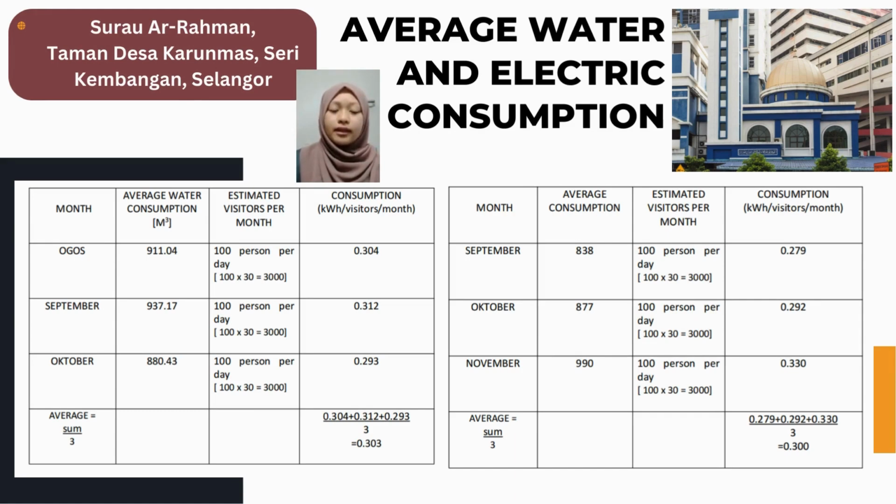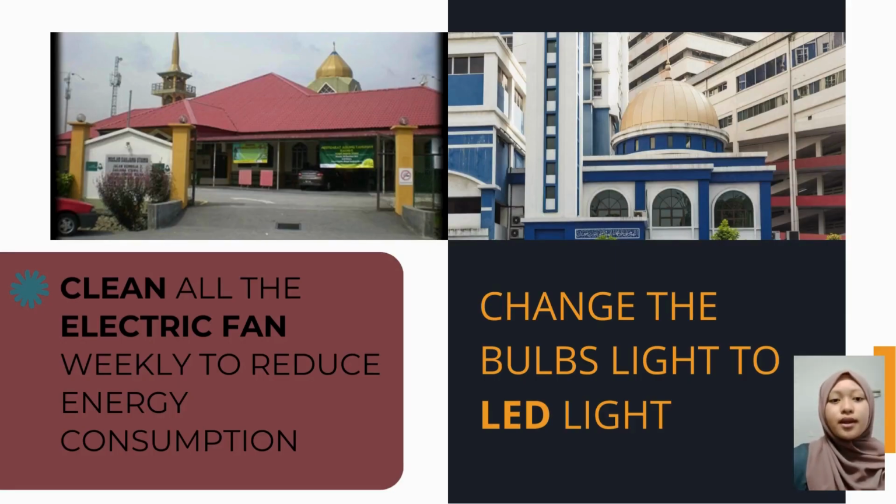In Surau Ar-Rahman, Taman Desa Karunas, Seri Kembangan, Selangor, the average monthly water consumption is 303 liters, while the average monthly electricity consumption is 0.3 kilowatt-hour. In conclusion, we can see that every building consumes a lot of water and energy over its lifetime.